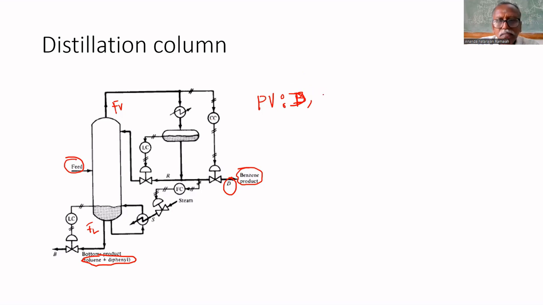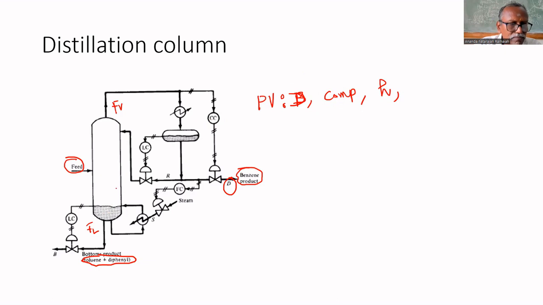Composition of benzene, that is purity of benzene, is the second process variable. And the third one is level, because for safety aspect, the level has to be controlled.